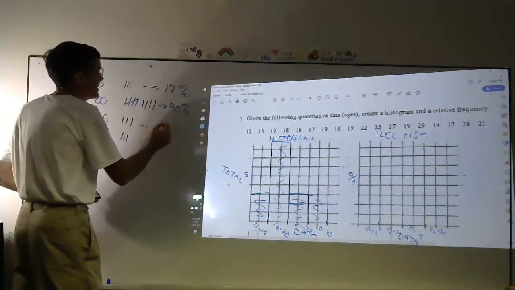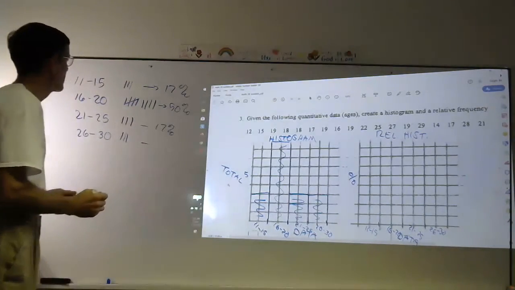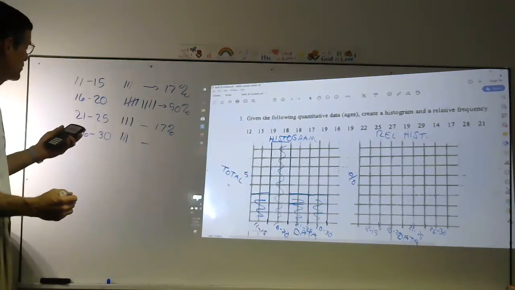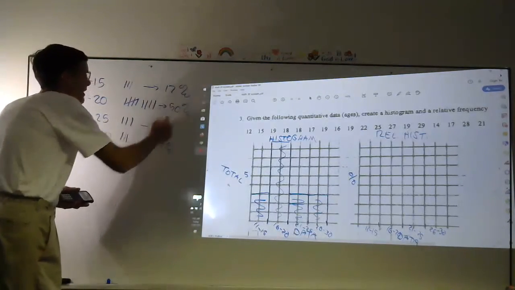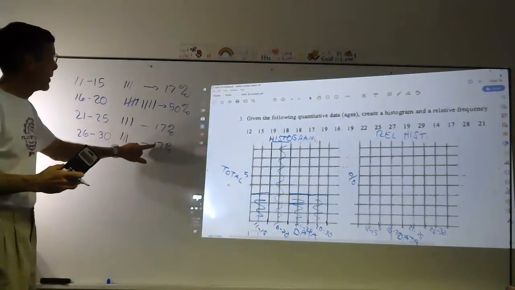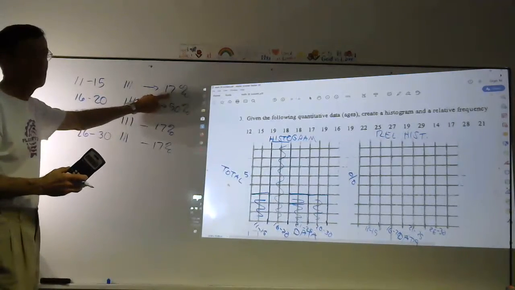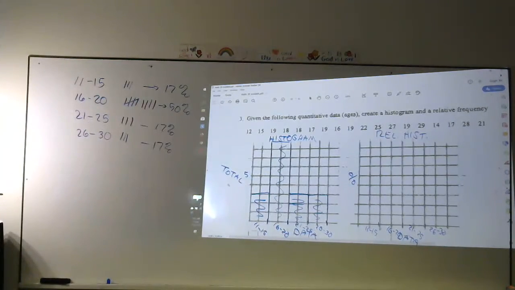So that's 17% and 17%. 3 divided by 18 is 1/6, which is 17%. You might say, why do these not add up to 100? Because I'm rounding each of these off. They're technically 16.6, and I rounded them off to 17. That's why they don't add up to 100.